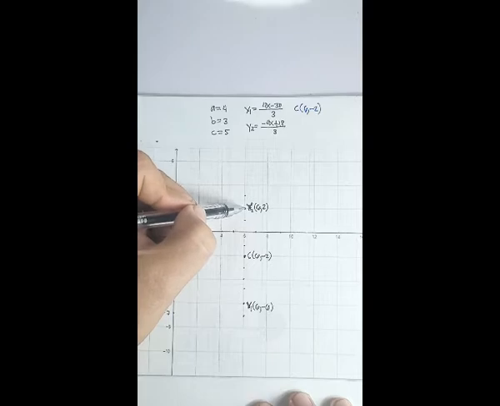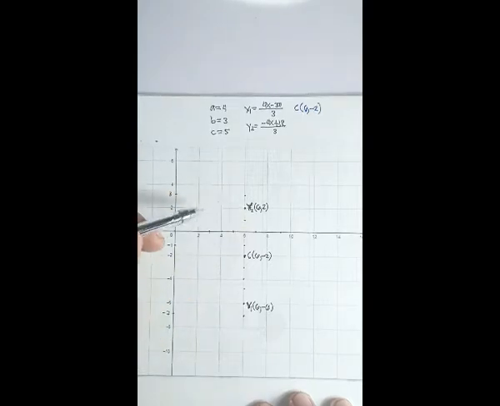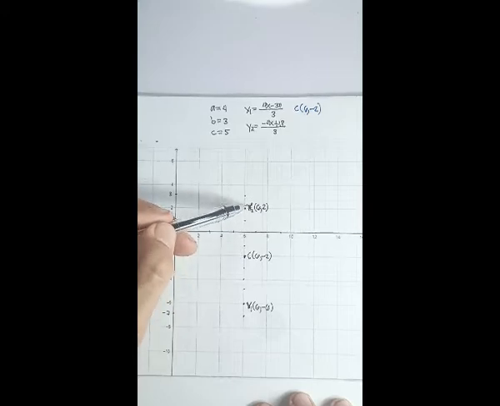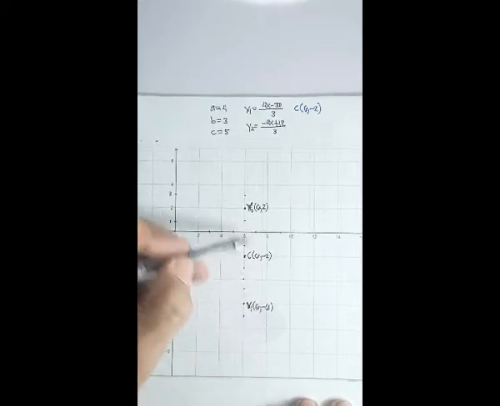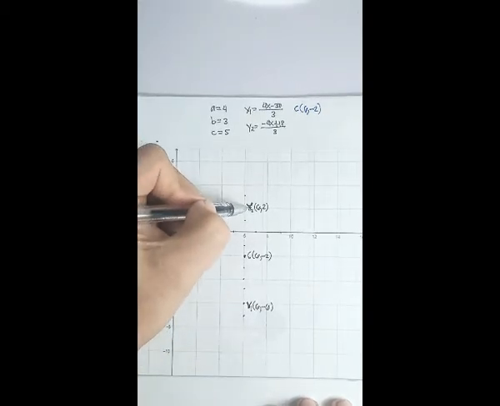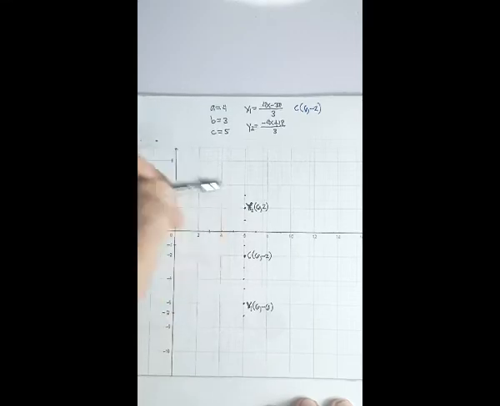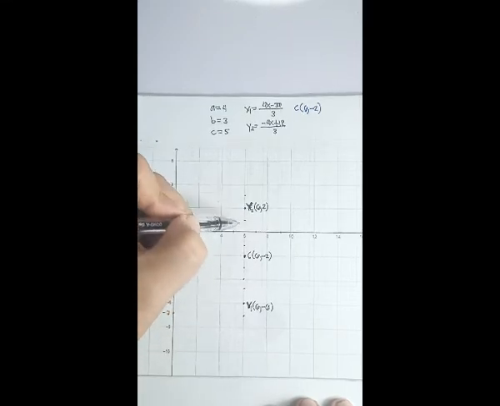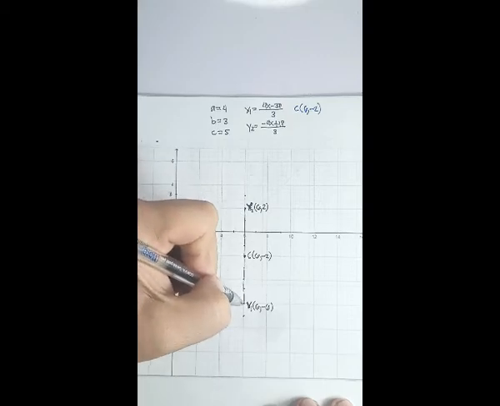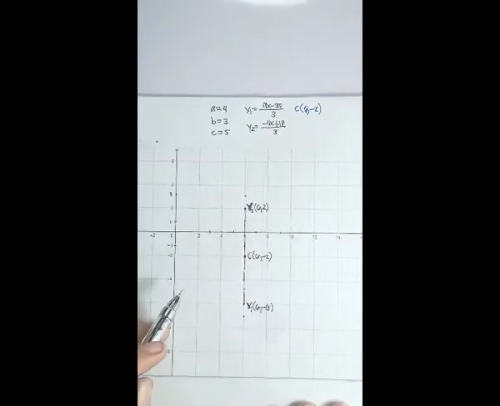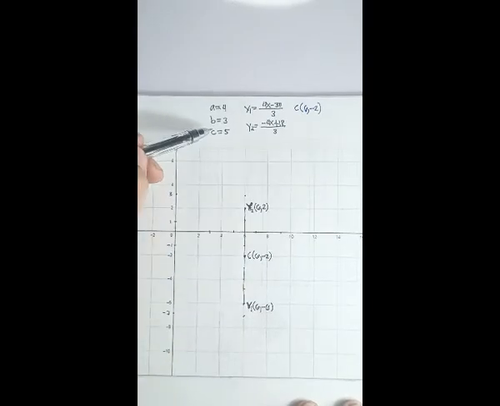So kini nga point, nag-count tayo ni og 4 gikan sa atong center. 1, 2, 3, 4. So we have V1 at 6, negative 6, and V2 at 6, positive 2. So this is our transverse axis. Then how about b equals 3?